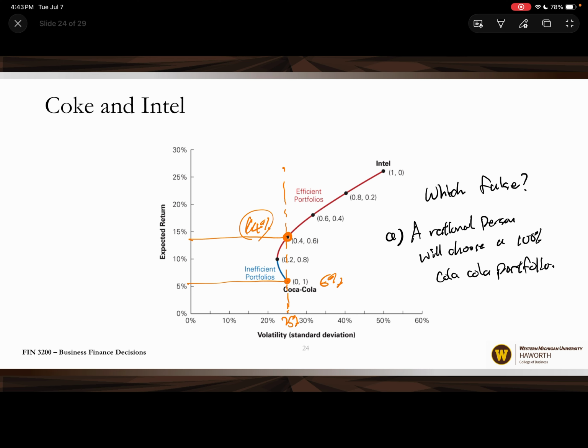Is that true? Or I'll just say could choose. This is false, right? This will be the right answer because a rational person would choose not this, but something else that already exists in the world, right? Yeah, something like that.